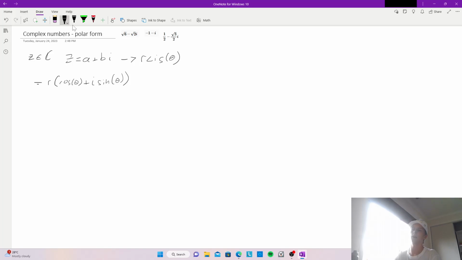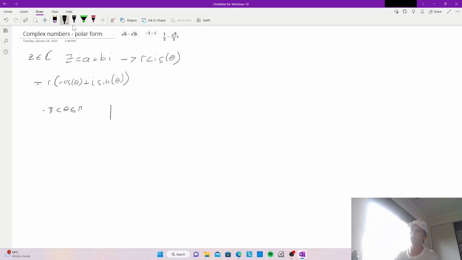Our value of theta has to be in between these values here. Negative pi has to be less than theta, and theta has to be less than or equal to pi.